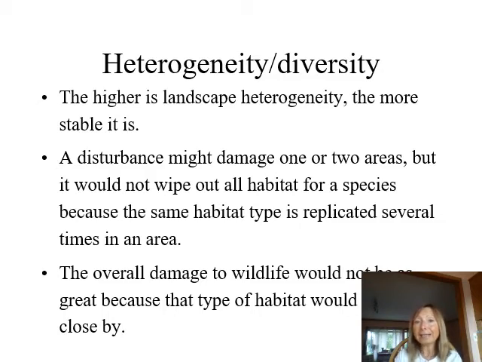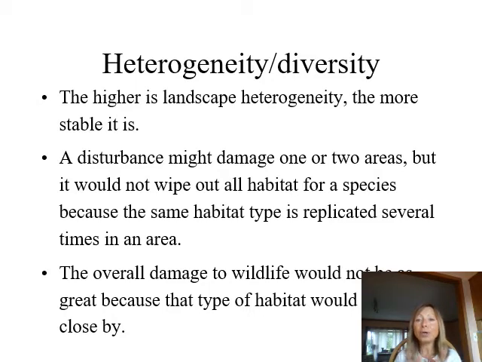The higher is landscape heterogeneity, the more stable is usually the landscape as a system. So the system analysis really tells us that complex systems are diverse systems, and the more diverse is the system, the more stable it is.